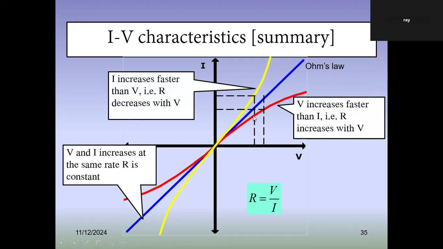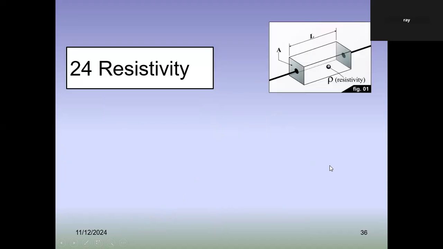At the same V, you can look at your I, but I increases faster. So R decreases with V. If you curve that way, the resistance decreases with increasing V.